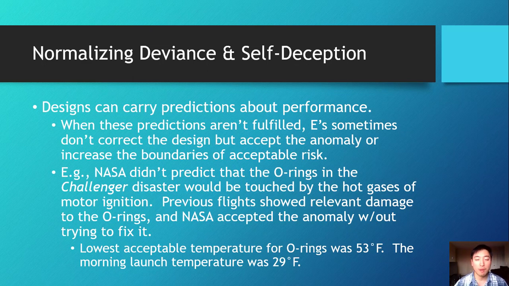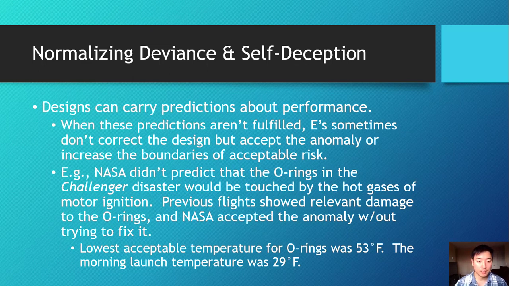So these are problematic actions, right? When the predictions aren't being fulfilled, especially when the product can lead to safety risks and the like, engineers should not merely accept the aberration and go on their way, or increase the boundaries of acceptable risk to account for the anomaly.